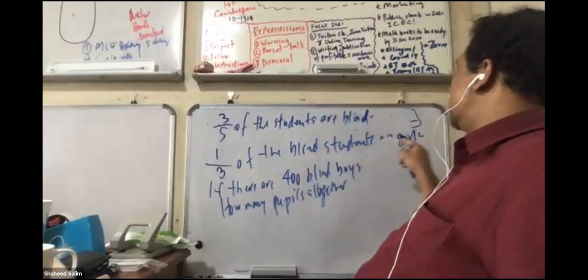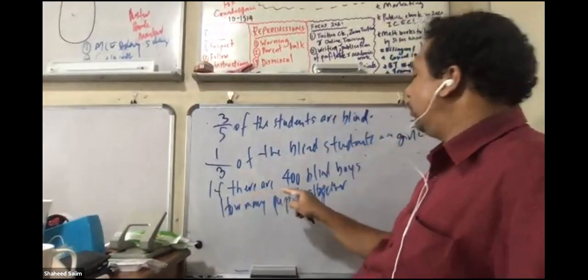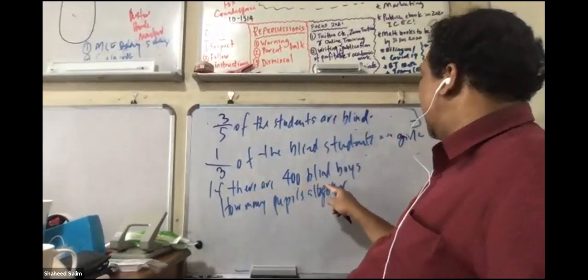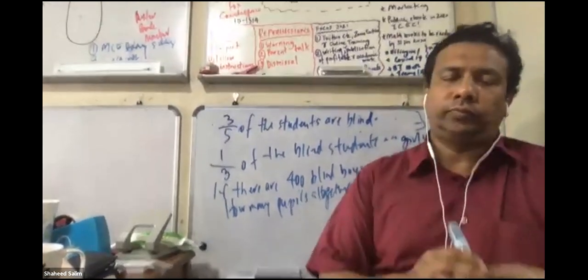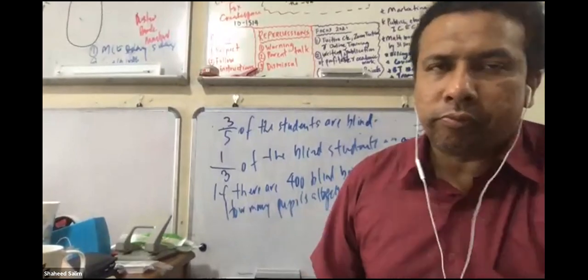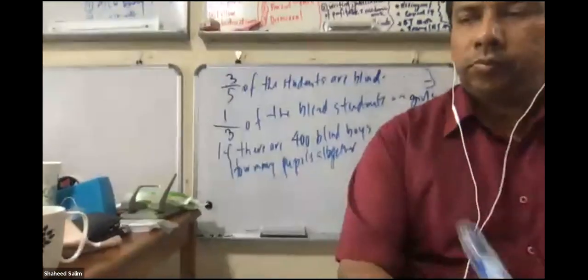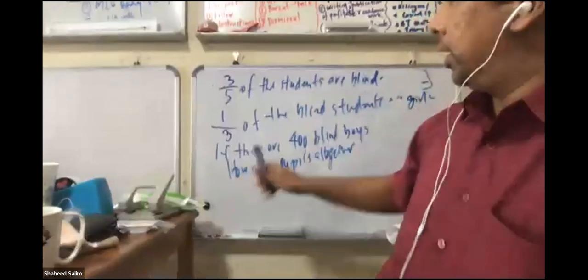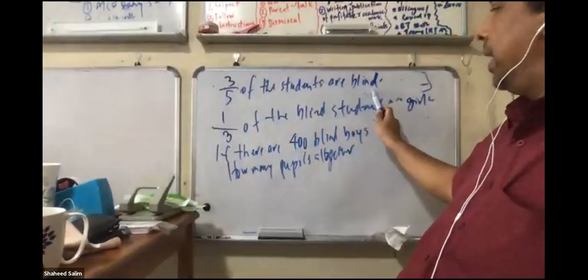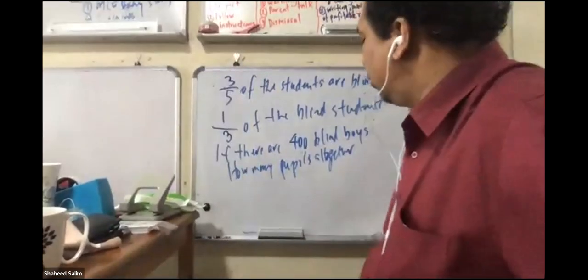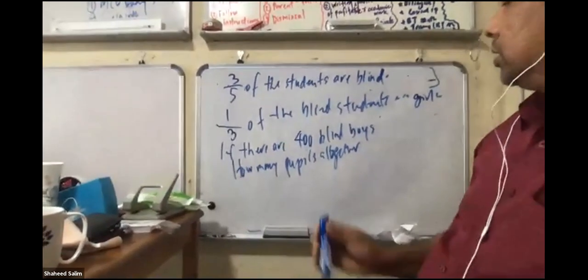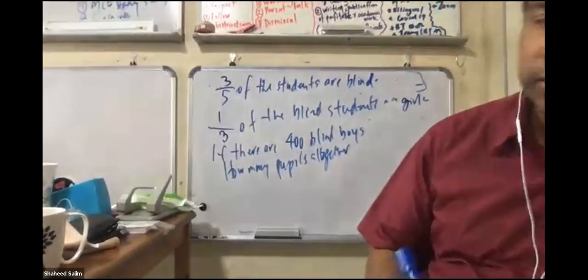One-third of the blind students are girls. If there are 400 blind boys, how many pupils are there? Good try. Can you read my handwriting? I'll read again. Three-fifths of the students are blind. One-third of the blind students are girls. If there are 400 blind boys, how many pupils are there altogether?